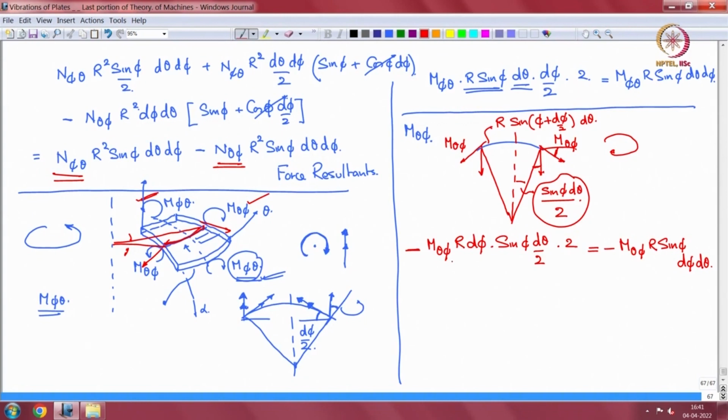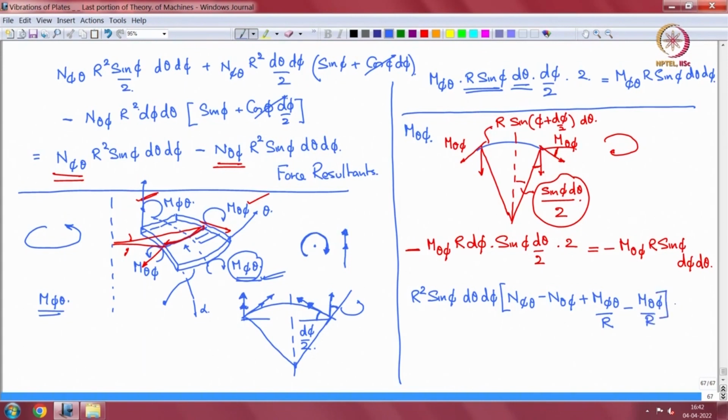If we add all these up, quite interestingly, it looks like this: r square sine phi d theta d phi into n phi theta minus n theta phi, plus m phi theta by r minus m theta phi by r.